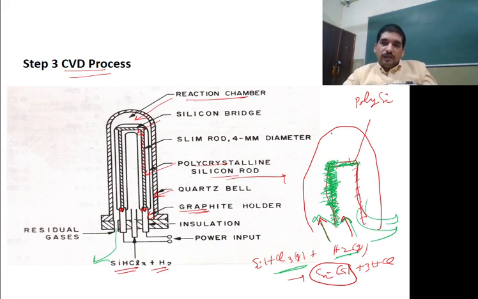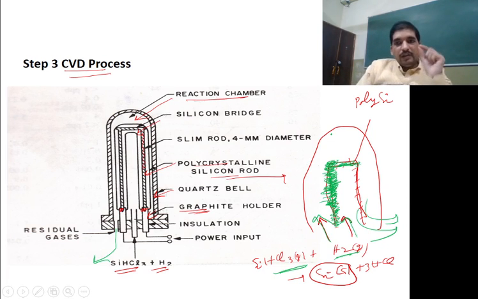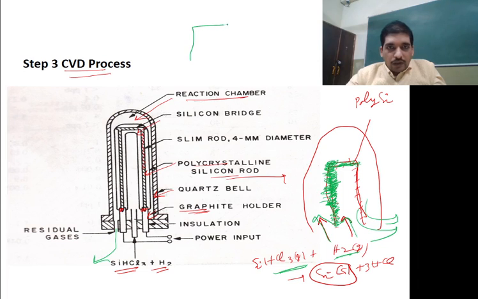So finally, in this manner we will obtain the polycrystalline silicon structure in this chamber using the chemical vapor deposition process. We will obtain finally a rod of silicon, a thick rod of silicon, and then we can again pulverize it or change the shape however we want.